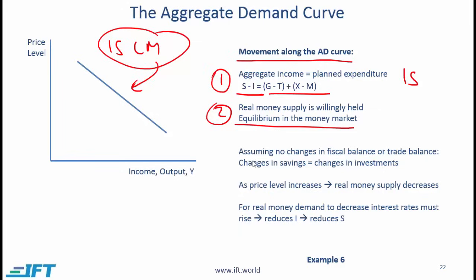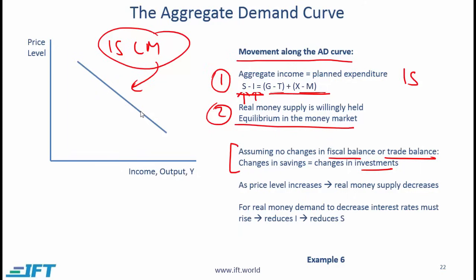If we make a simplistic assumption that there are no changes in the fiscal balance and no changes in the trade balance, in other words, these two expressions are unchanged, then any changes in savings must be equal to any changes in investments. So this is another relationship that you can keep in mind, which will hold true as we move along the aggregate demand curve.